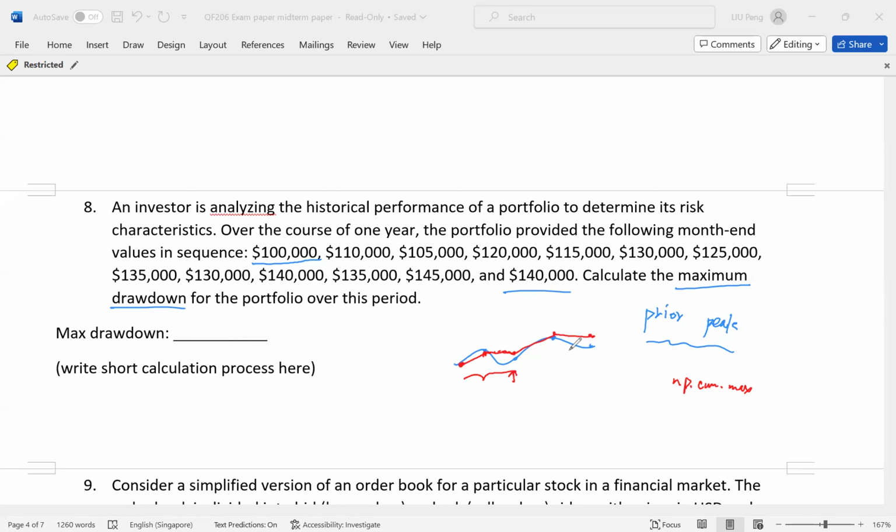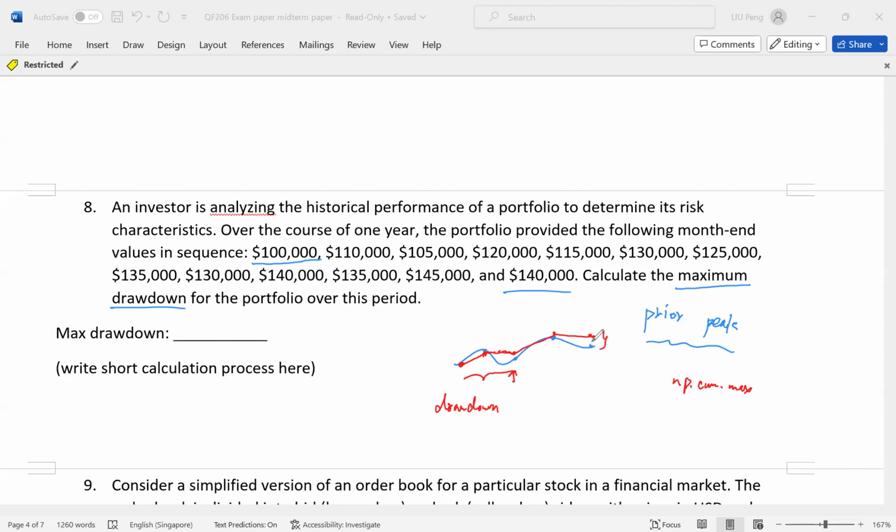Once we draw the prior peak curve, the rest is to calculate the drawdown first. We need to calculate the drawdown before we calculate the max drawdown. Drawdown essentially is the daily drawdown if our data is daily, right? So every day we're going to calculate the percentage difference between these two, right?